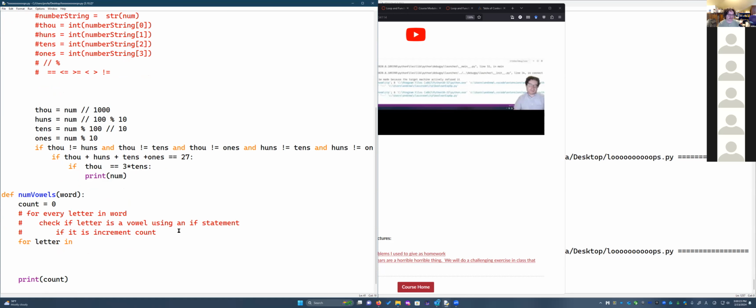For each letter in the word, if letter equals A or letter equals E. So yes, we have an and statement and we have an or statement. Yes, letter is equal to I, and so on and so forth.